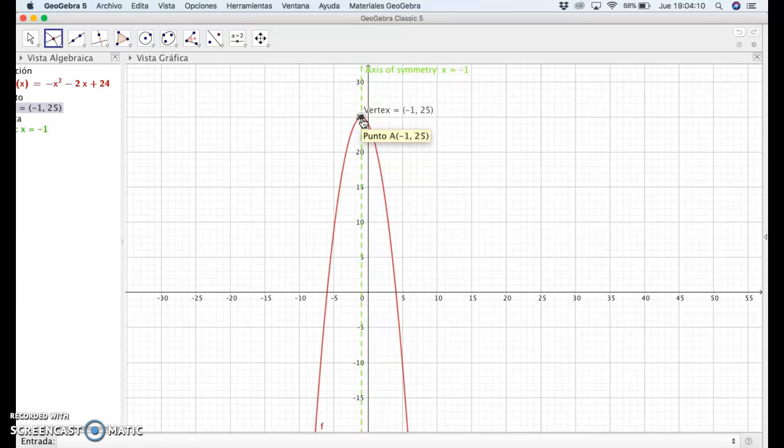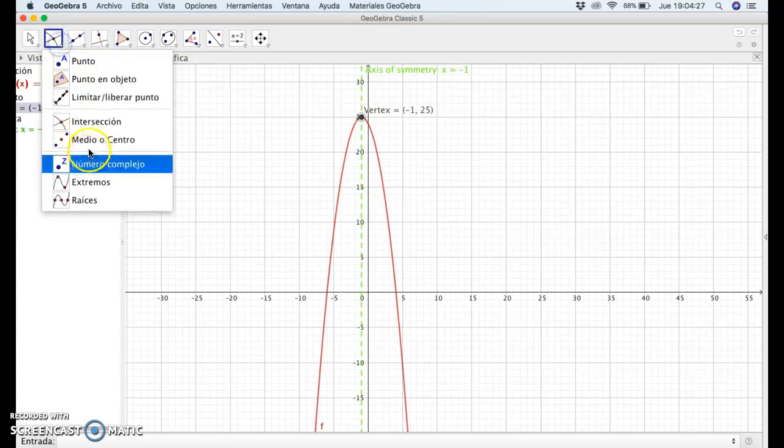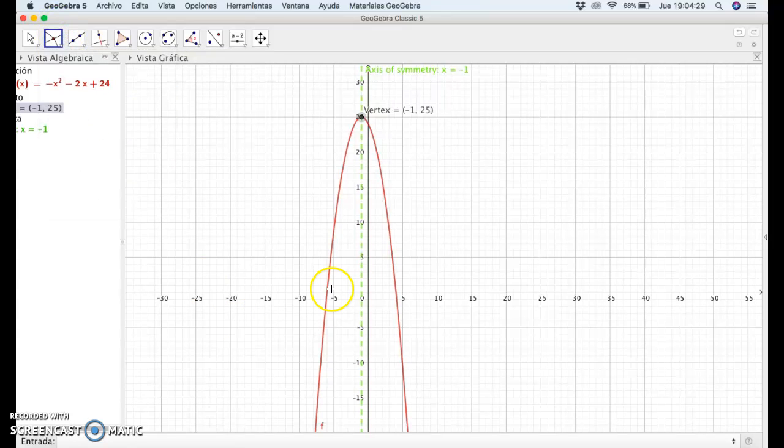Now we are going to get our x-intercepts and y-intercepts. It's easy to do that. You just need to select where it says intersection right here, and click where the graph intersects the x line.